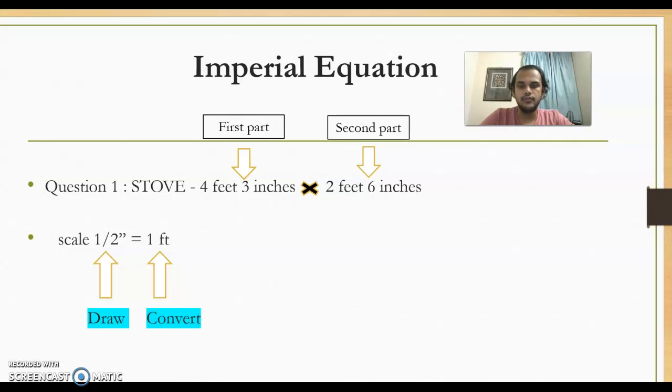Remember that, as we will be using it to solve the equations in the coming slides. Now to make things simpler, I've broken down the question into two parts. The first part is 4 feet 3 inches and the second part is 2 feet 6 inches. So first of all, in the third slide, we will be breaking down 4 feet 3 inches.